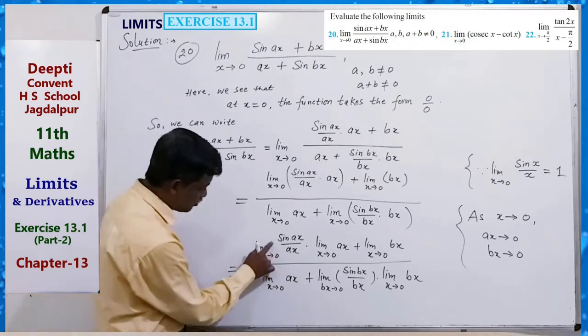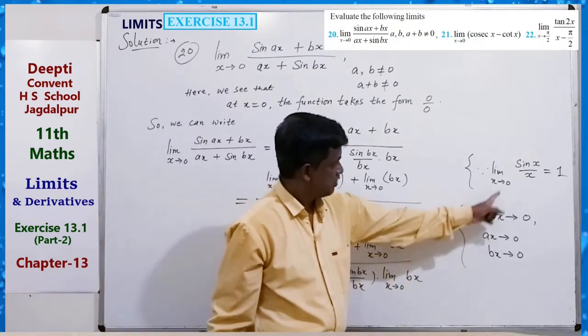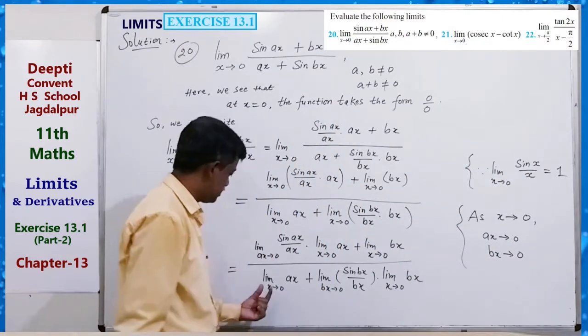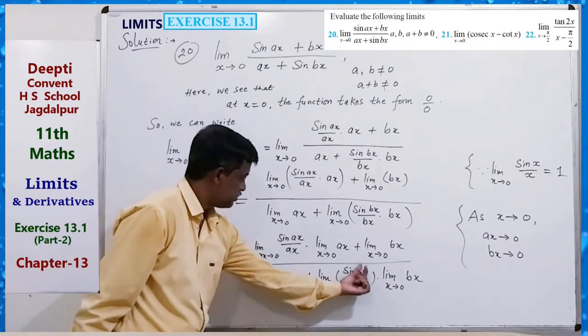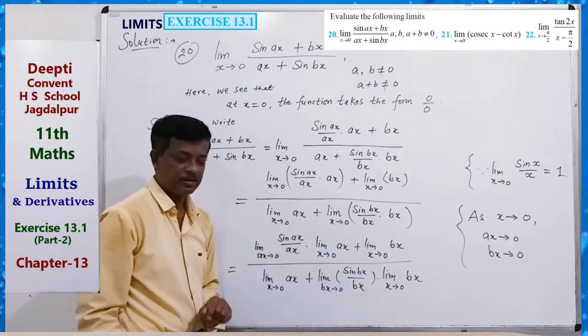Now this is equal to 1, this is equal to 1, by using the formula, because it is ax over ax and bx over bx.